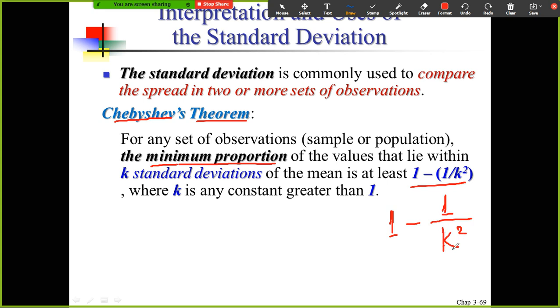So k here is not the total number of classes in grouped data, because we are not seeing grouped data. K here is the number of standard deviations from the mean. K must be greater than 1. Don't confuse.